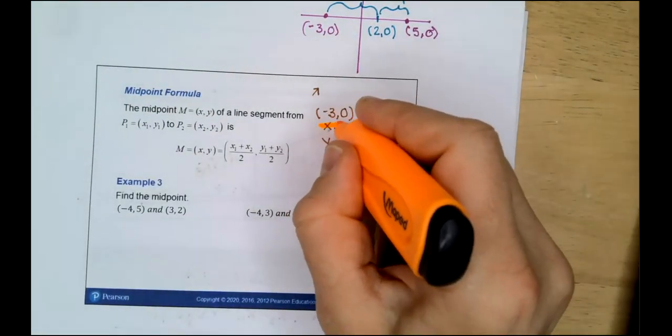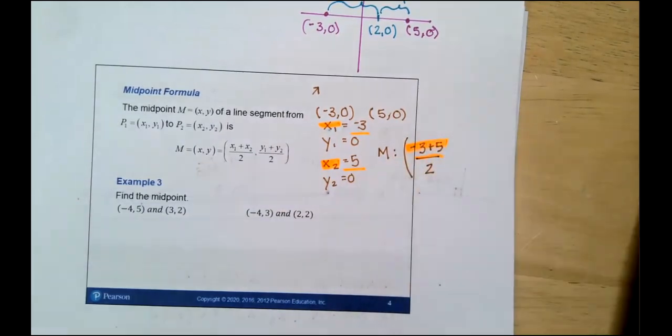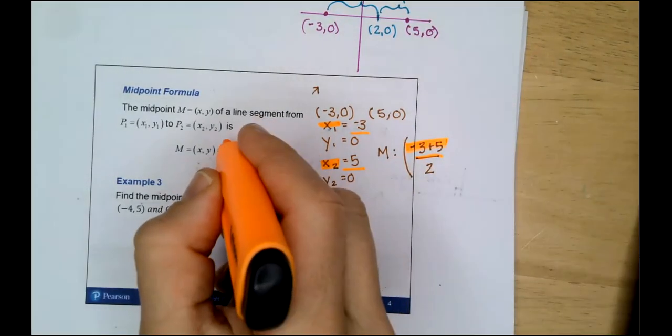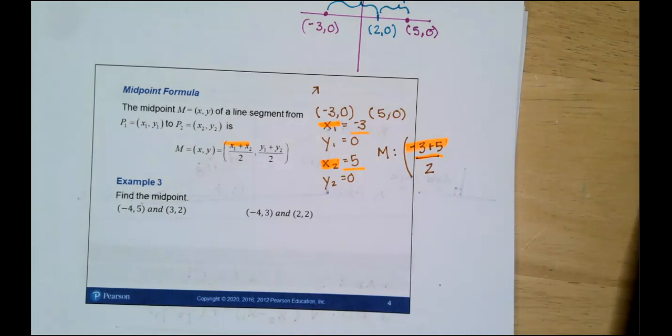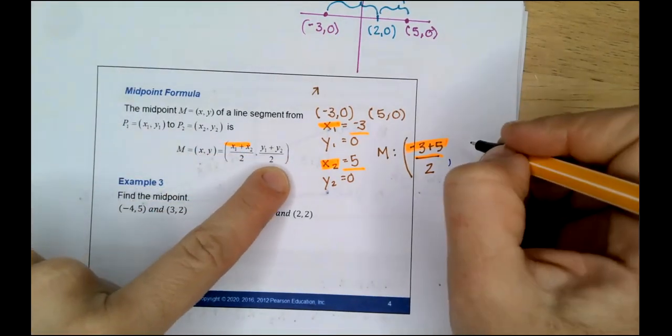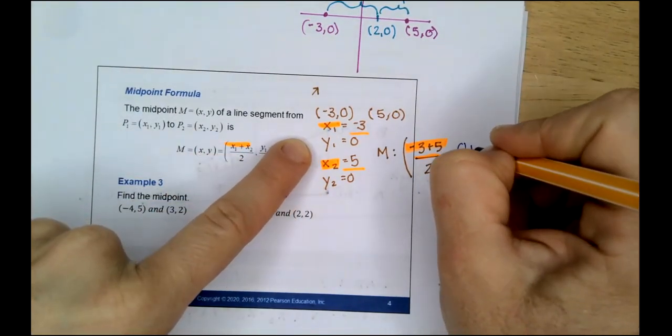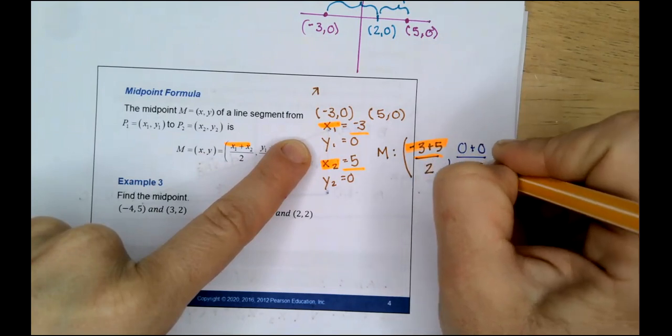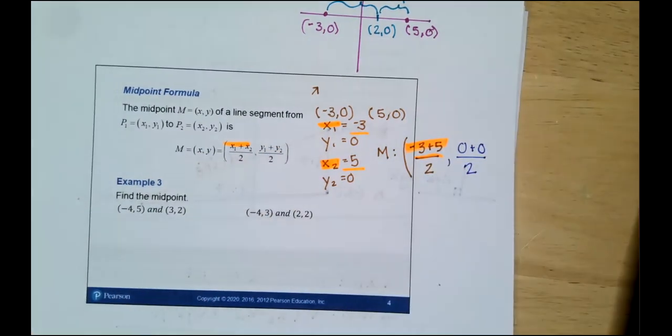Okay, so those were my x's. Do a different color for y just for the heck of it. Then I'm going to say y1 plus y2, 0 plus 0, also over 2.